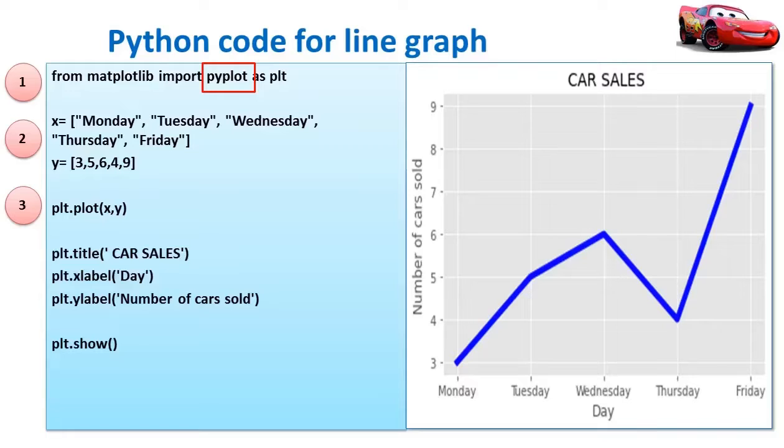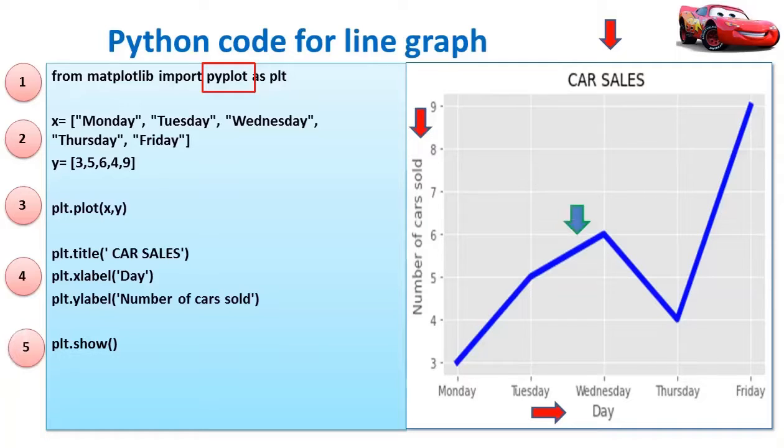This function plots points in the Cartesian plane. And then the plt.title function displays the title. plt.xlabel and plt.ylabel functions assign labels to the x-axis and y-axis respectively. And finally, the plt.show function displays the line graph.